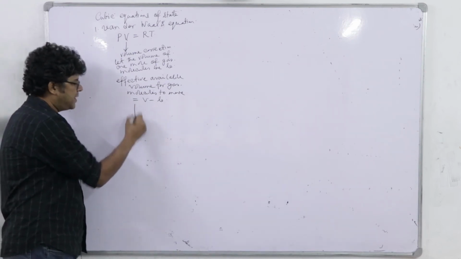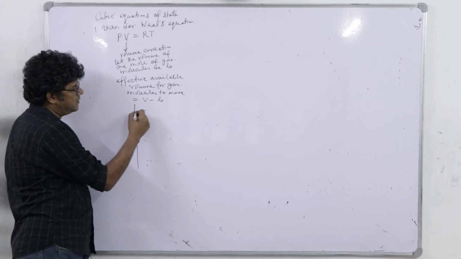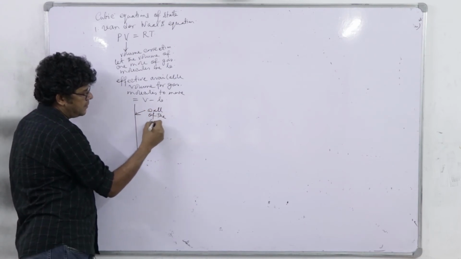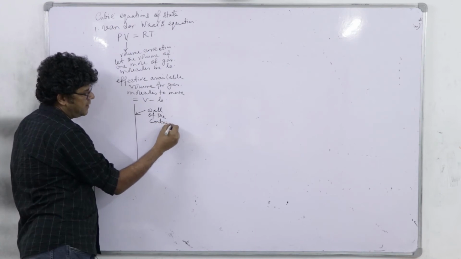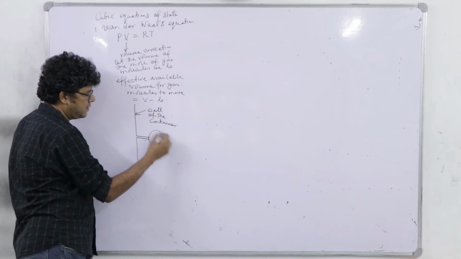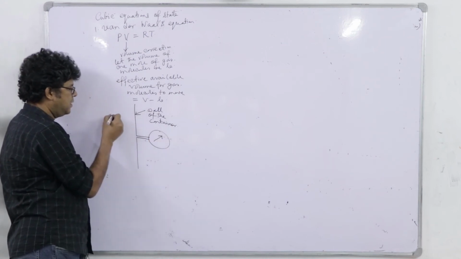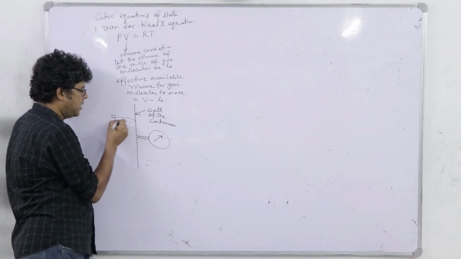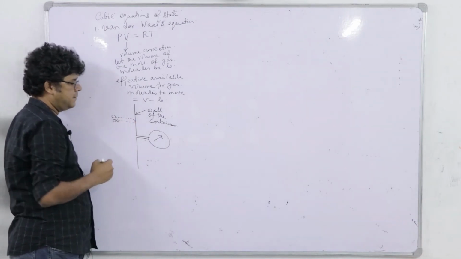Nextly, you see pressure. If this is the wall of the container in which you have kept the gas, and you have attached the pressure gauge here, right. Now, a gas molecule which approaches this will have a recoil and move back, right.